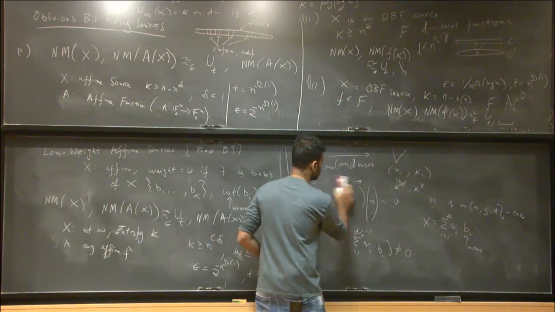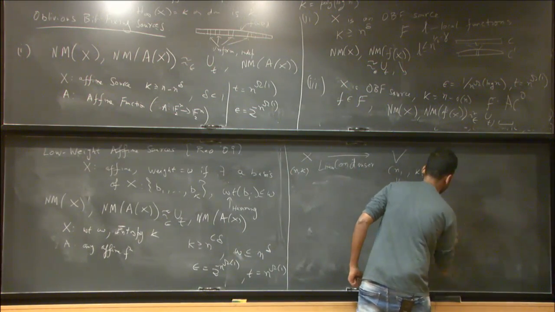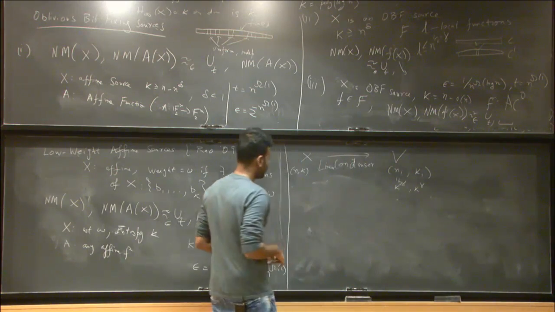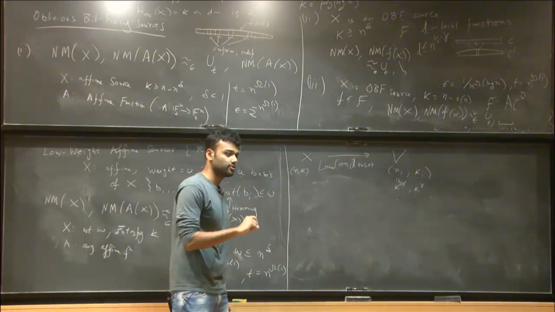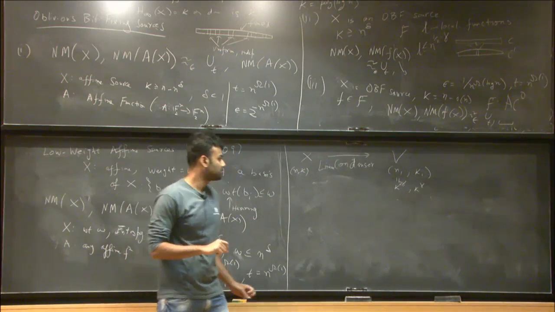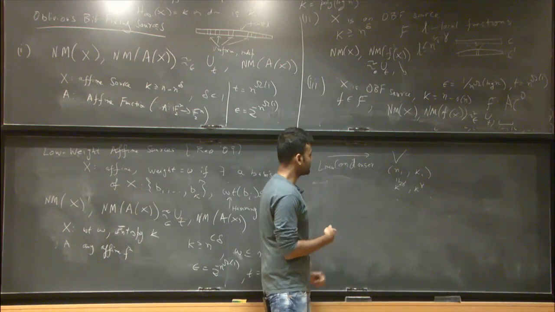Should we think of gamma as bigger than 1? No, gamma is small, it's very, very small.